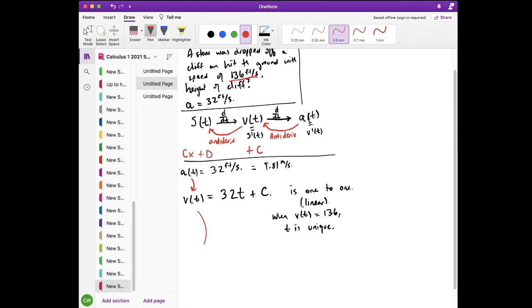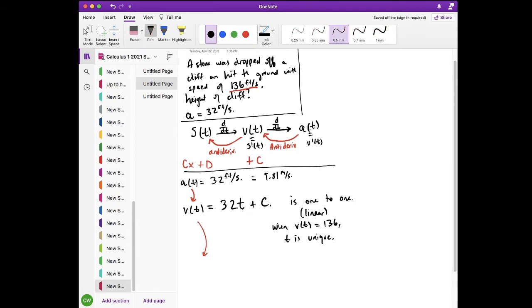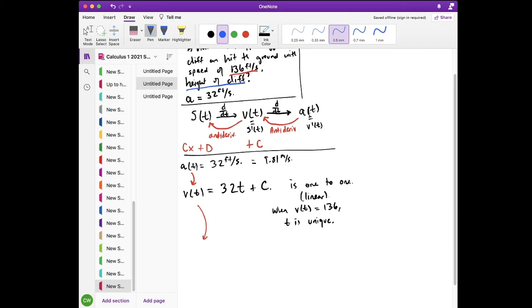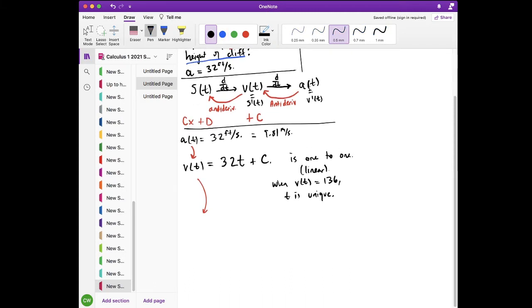So what we want to find is position, right? Because we want to find how tall the cliff is. If we can calculate how long it takes for it to hit the ground, then if we plug that time into position, we can calculate the height of the cliff. So what is the antiderivative of velocity? It's position. So what's the antiderivative of this velocity term?